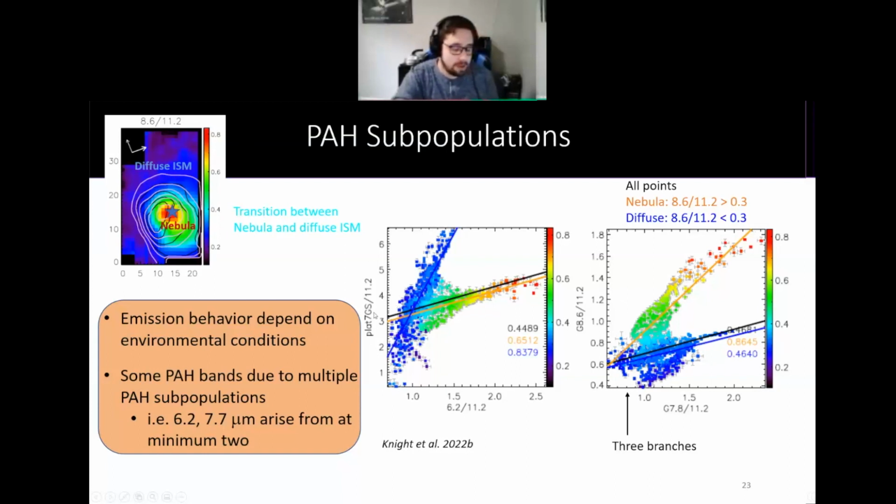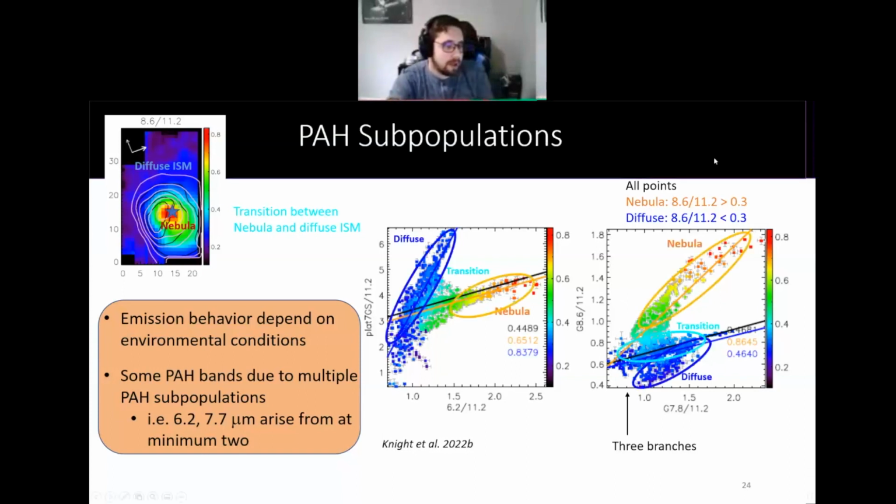If we look at the plateau underneath the 6 to 9 PAH features and compare it with the 6.2 over 11.2 ratio, we find a bilinear trend, which shows two distinct relations between these parameters, between the nebula and the diffuse ISM.